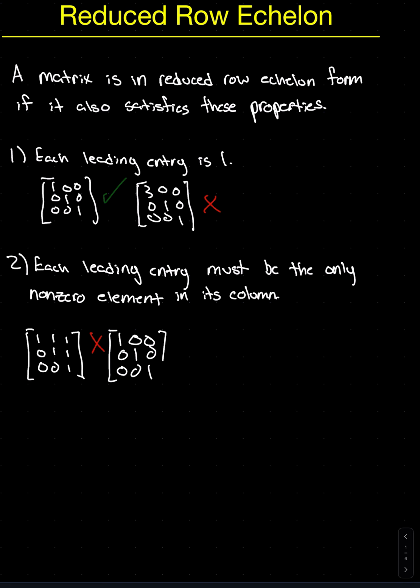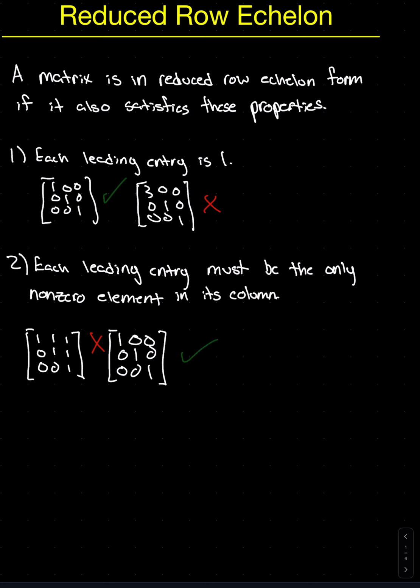But again, if we have 1, 1, 1, 0, 0, 0, 0, 0, 0, the ones are the only non-zero element in each of their respective columns, so this is good. And so that's the end.